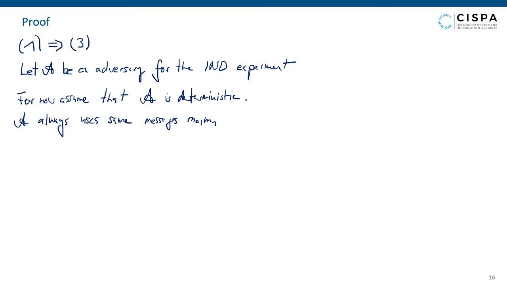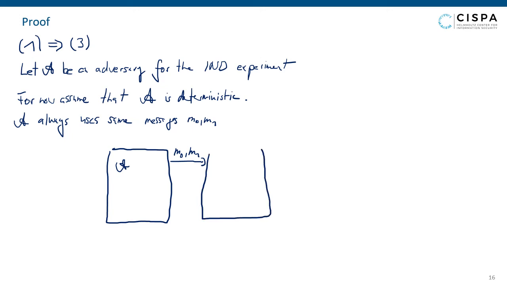And M1. Later, we will show how this generalizes to randomized adversaries A. Okay, so now we have an adversary A. Let's maybe draw the experiment here. A always, no matter what, sends the same messages M0, M1 to the challenger.